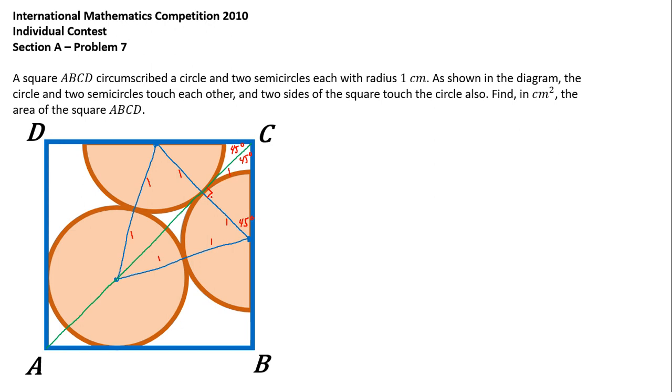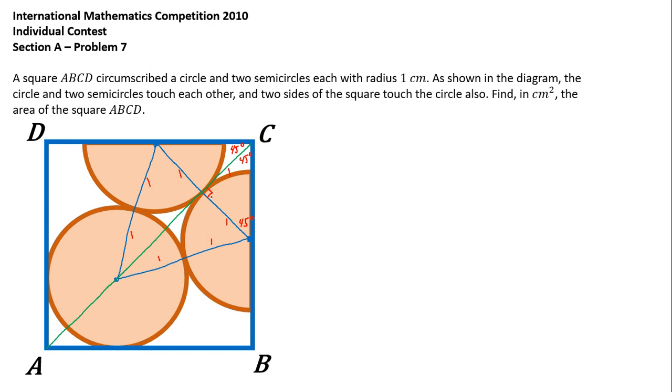Okay. Now, it seems that it's possible for us to find the length of AC. And also, if we find AC and relate it to the side of the square, we can get the area of the square.